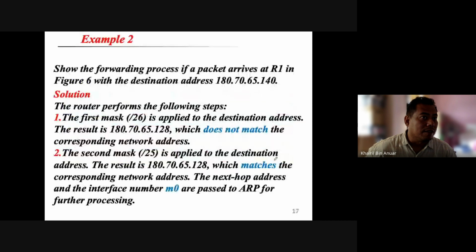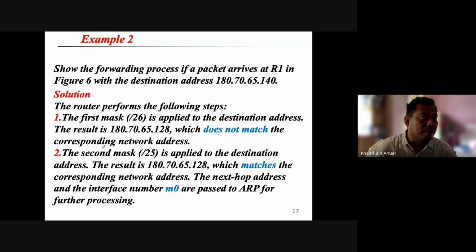So this example 2 also will follow the exact example that we have. Here it says to show the forwarding process if a packet arrives at R1 in figure 6 with the destination of 180.70.65.140. You can see that it starts by asking about the mask. The router performs the following steps.